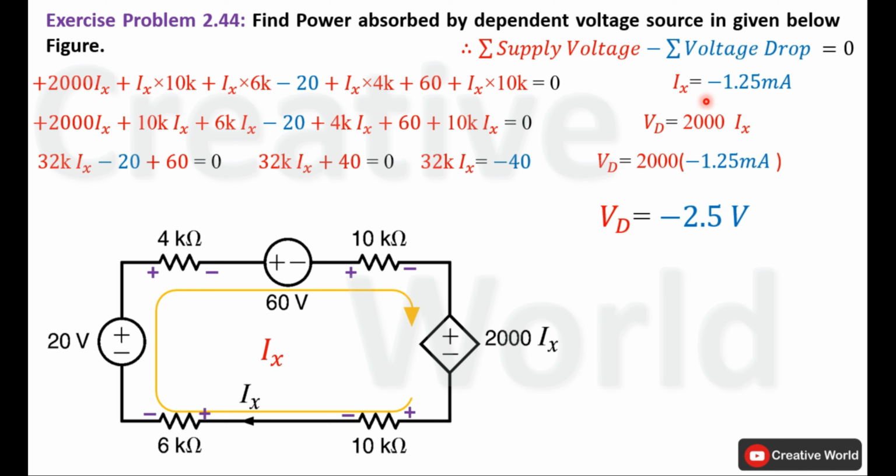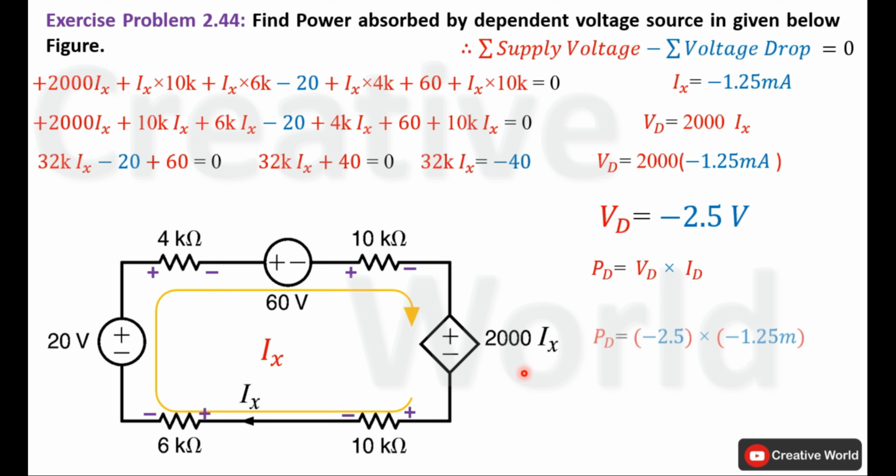And this current Ix is flowing also through this dependent voltage source, so we can calculate the power of this dependent voltage source. The power calculation formula will be PD equal to Vd multiplied by Id, where Vd is voltage across this dependent voltage source and Id is current through it.